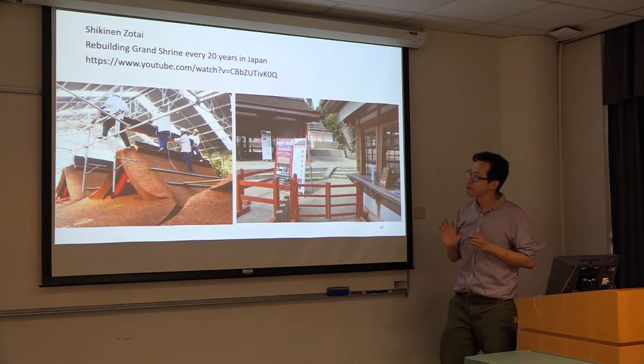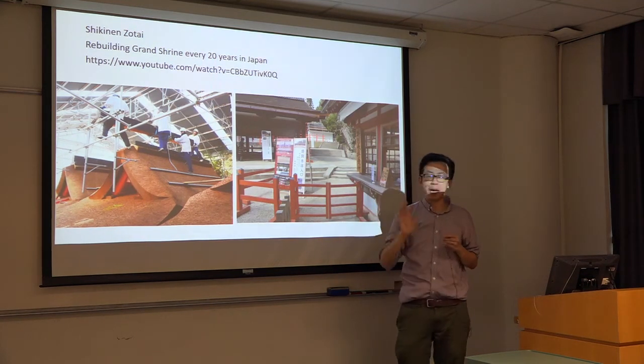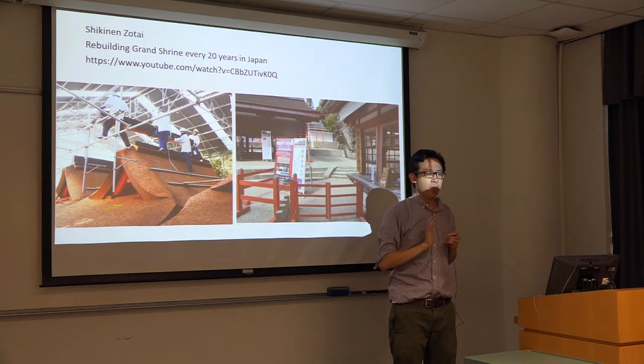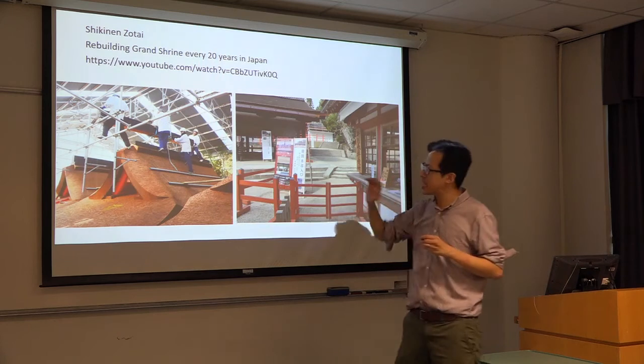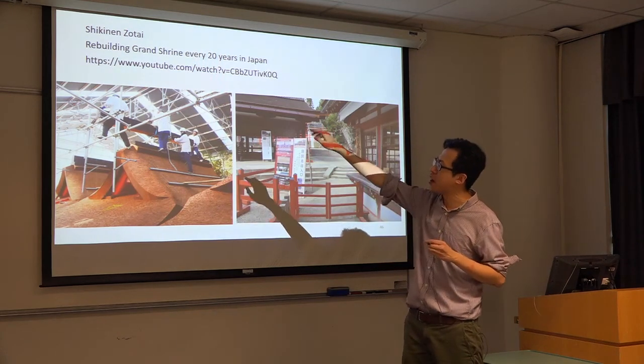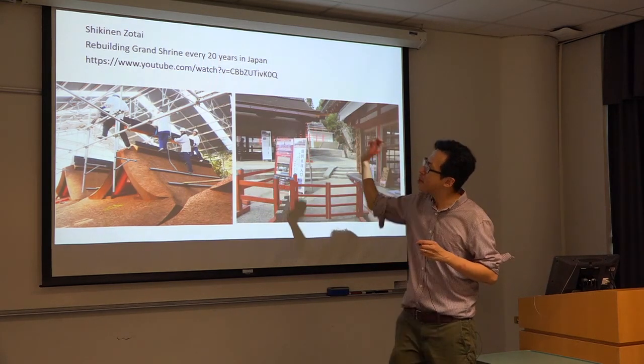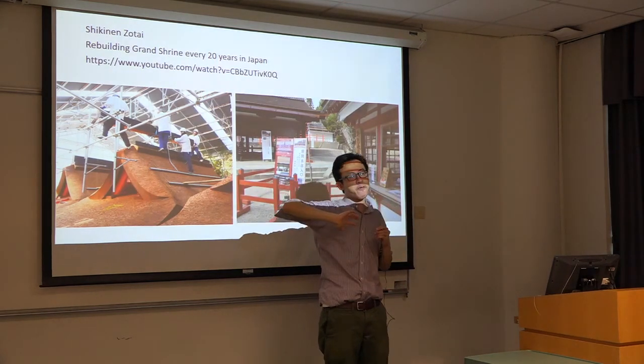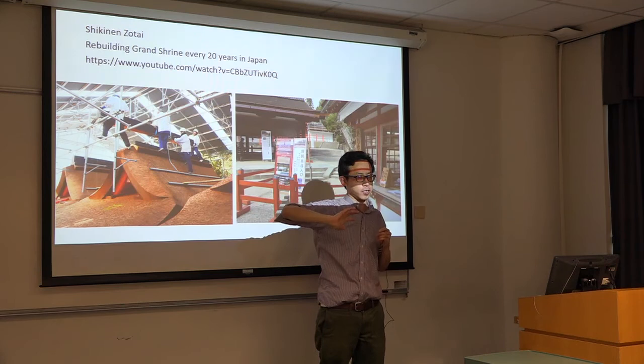In Japan, for a lot of famous temples, they have a traditional practice. The year might be different, but in general, it is called Shikinen Sengu, which means the entire building, especially those famous and traditional buildings.